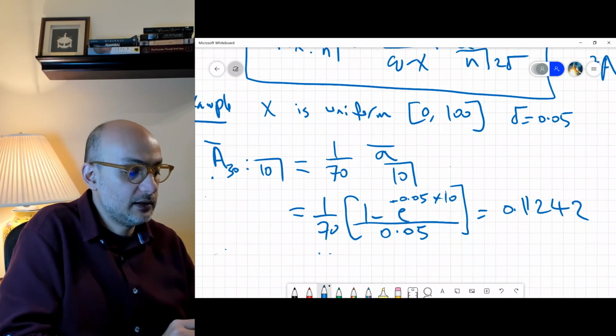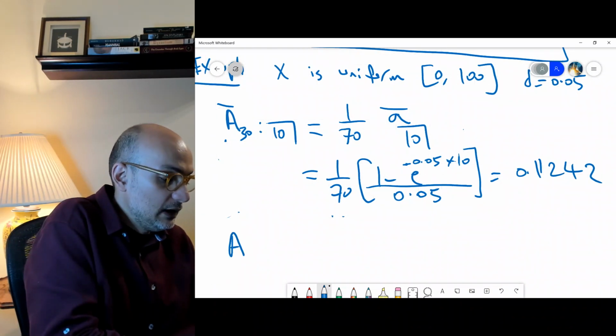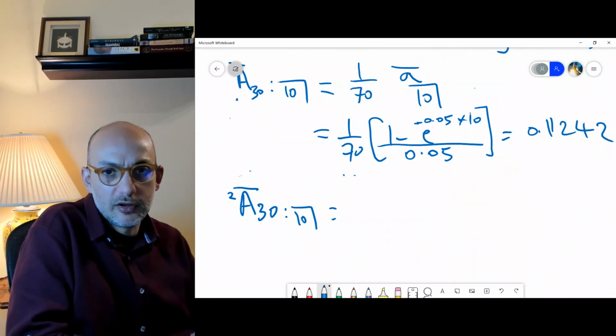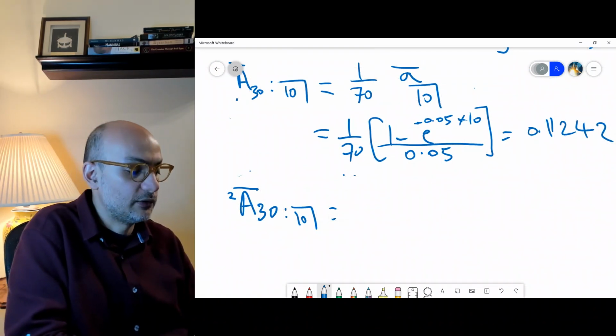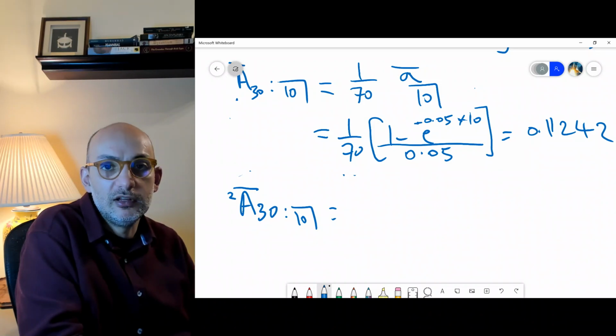Now, what if you wanted Ā 30 for the same uniform distribution, but the second moment of the term insurance for 10? Remember, I keep repeating this because I want you to practice how to read it. The capital A tells us it is insurance.